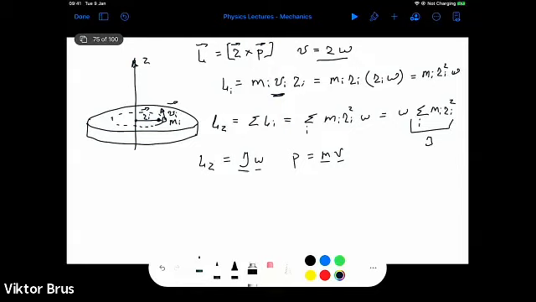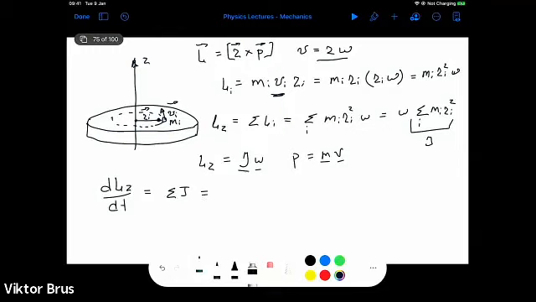If we take a derivative over time, it will be dLz over dt equal to the sum of, like, some resultant torque. We know it from previous slides. We already derived this expression and the relationship.